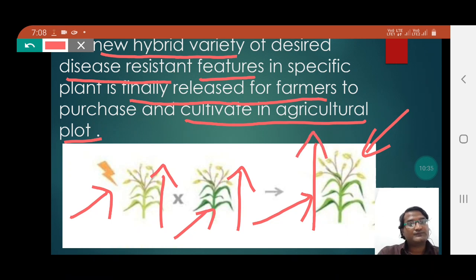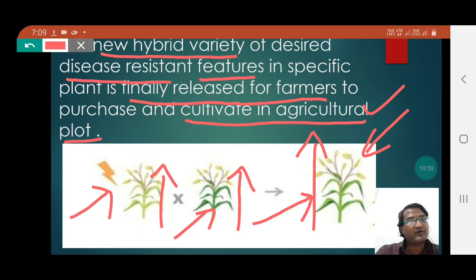So, this plant is being grown and is further released for farmers to grow and cultivate in agricultural plot, because it has both the features.